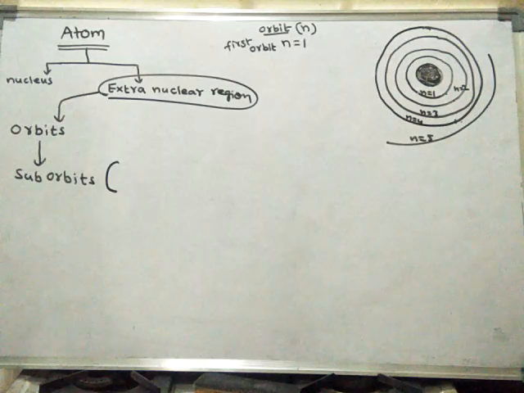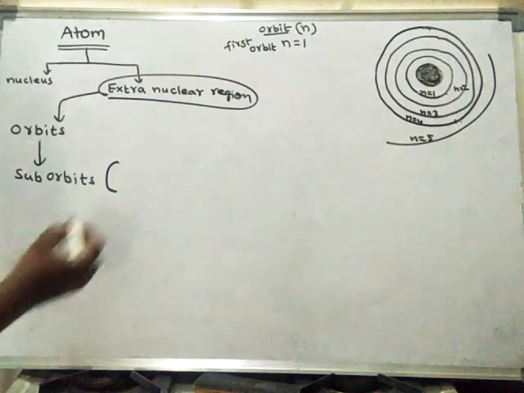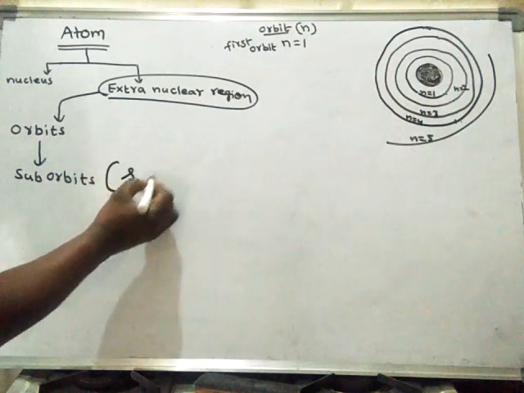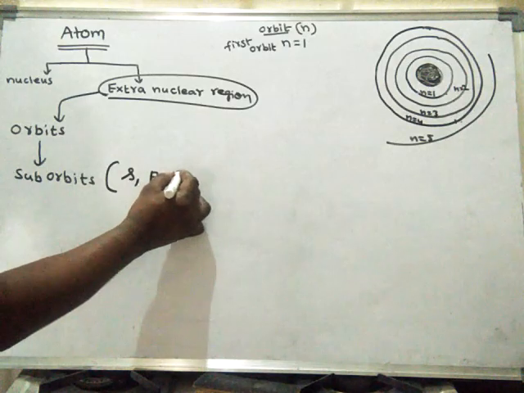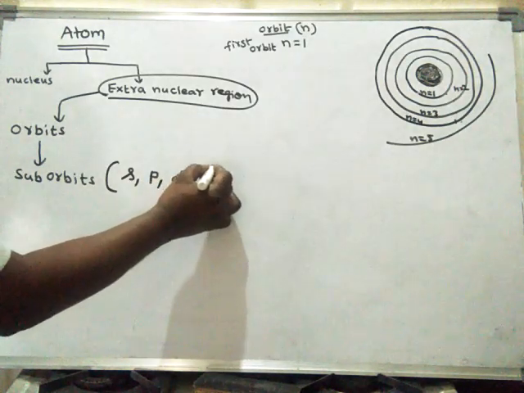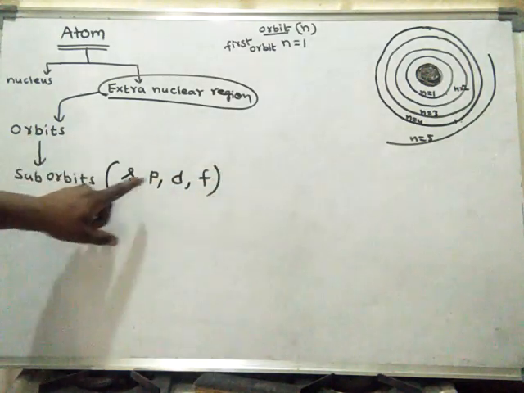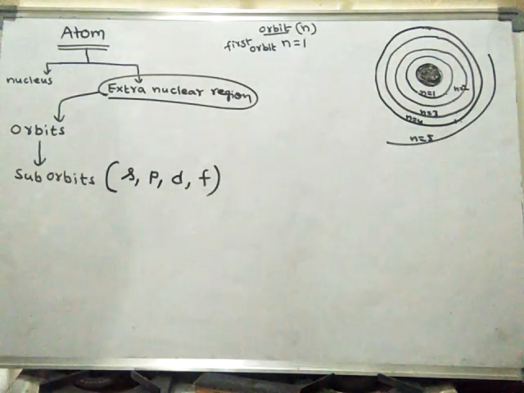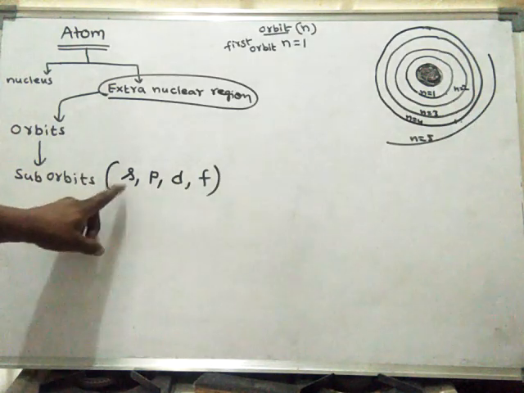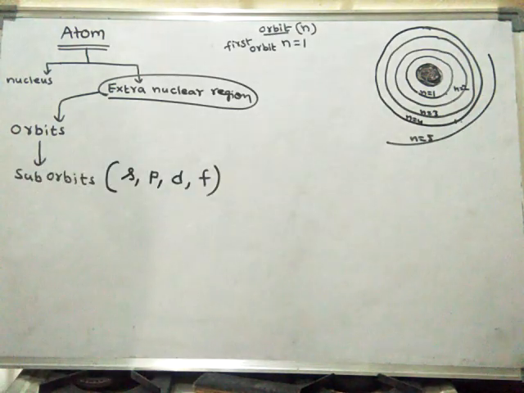Scientists have discovered so far 4 types of suborbits. What are they? S suborbit, P suborbit, D suborbit, F suborbit. Altogether there are 4 types of suborbits.